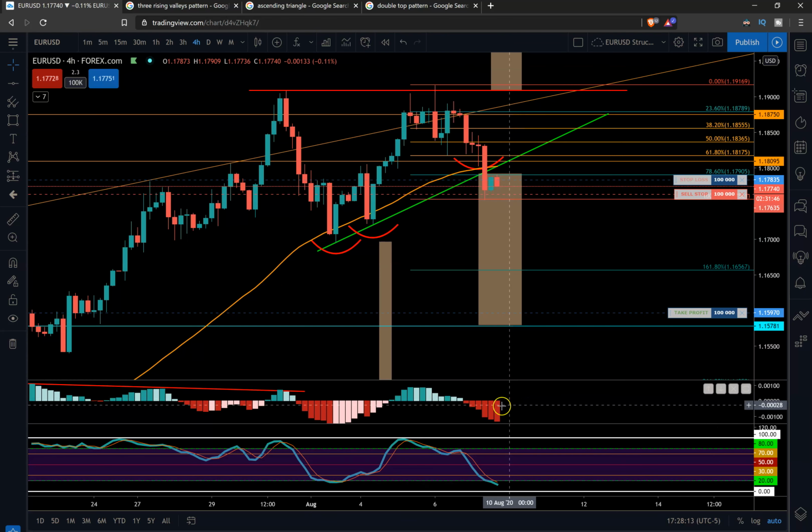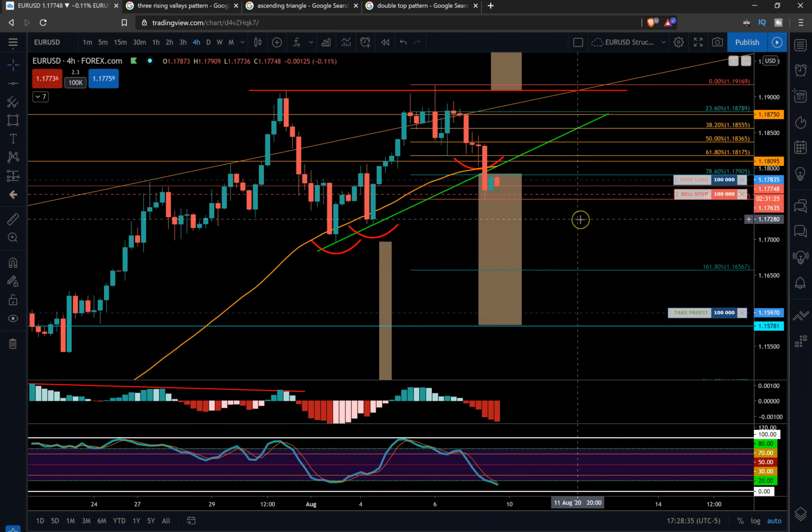Right now, the negative momentum on the MACD is not waning, but we could see a lighter histogram on the MACD in the next coming hours. This momentum could reverse and go up, and thusly the price.